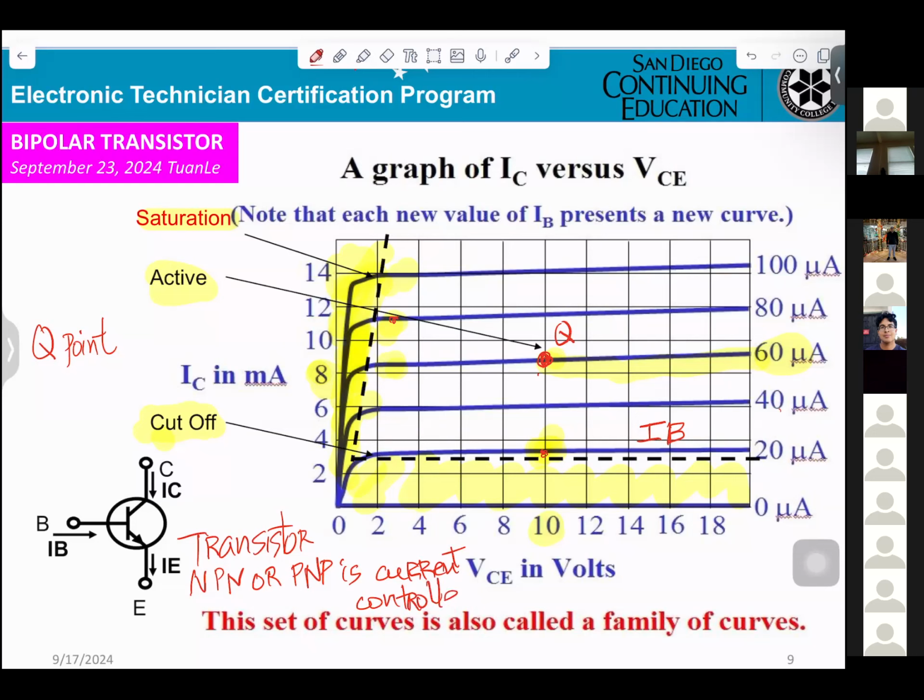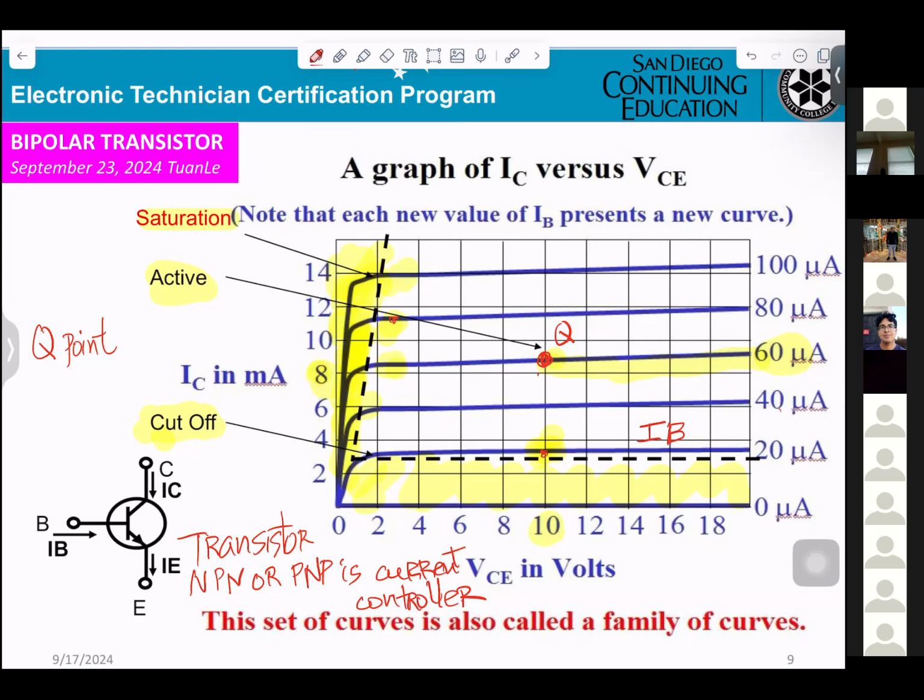Remember that. That means when you change the IB, then everything will be changing. So that's why they talk about NPN: the transistor is controlled by the current, a current controller.